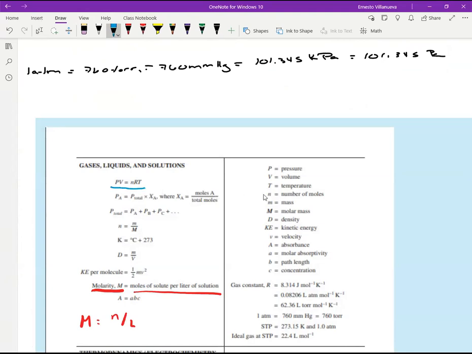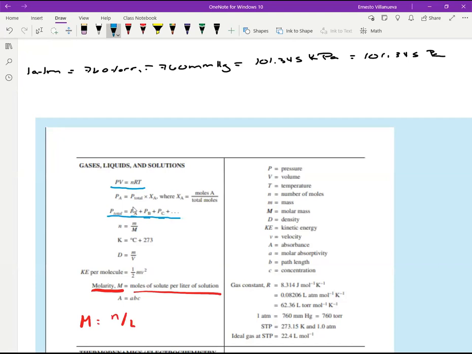Now, one of the things you're gonna also realize about gases is if you have a container that has several different gases, the sum of each individual gas is equal to the total gas of the container. That's what this is. This is Dalton's law of partial pressures.